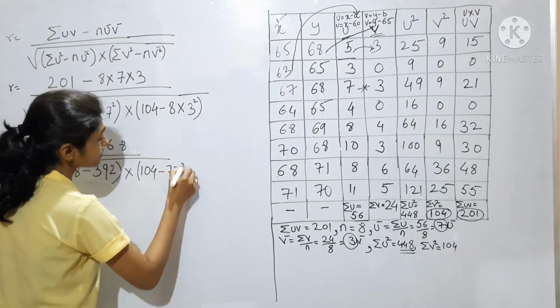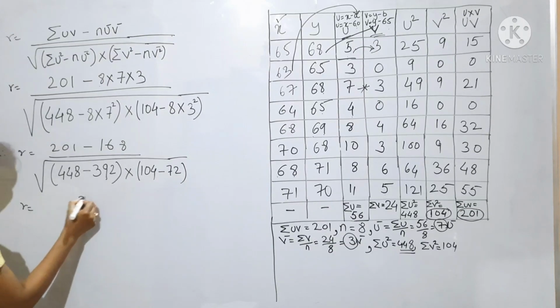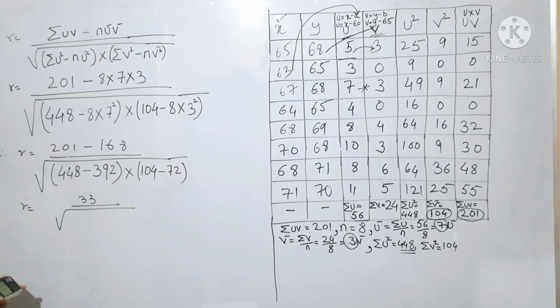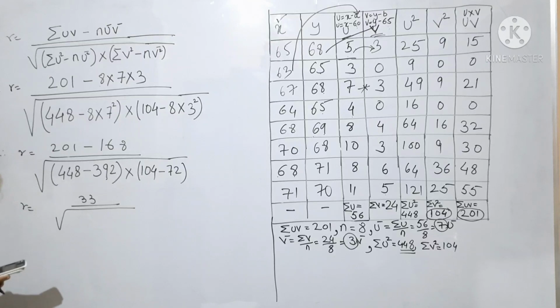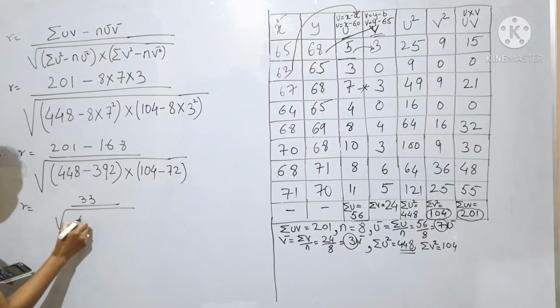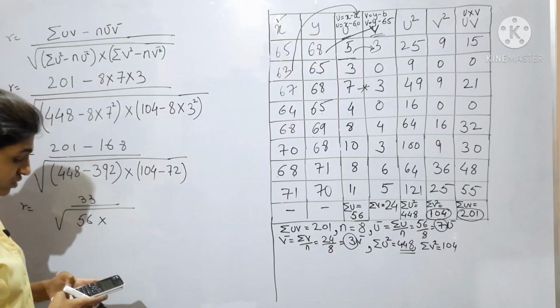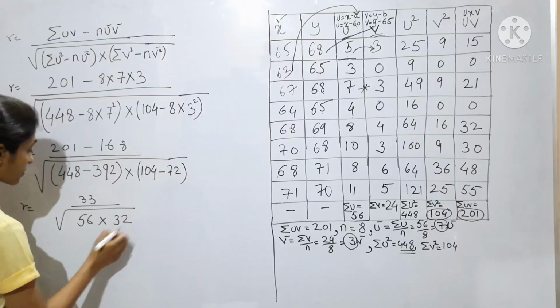Done. Next, R is equal to 201 minus 168, the answer you get is 33. Then 448 minus 392 is 56, multiply by 104 minus 72, which is 32.